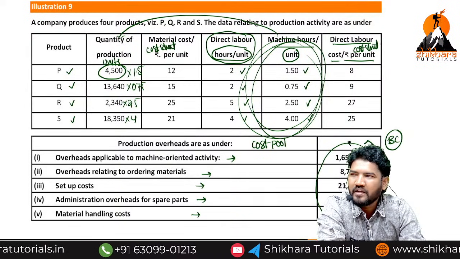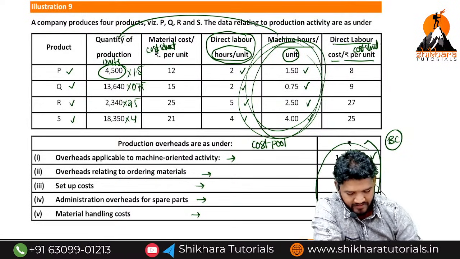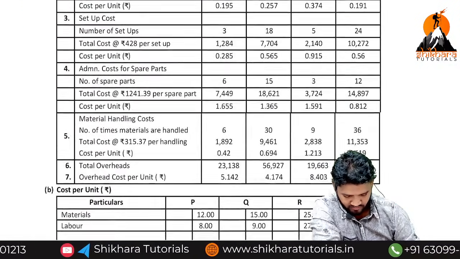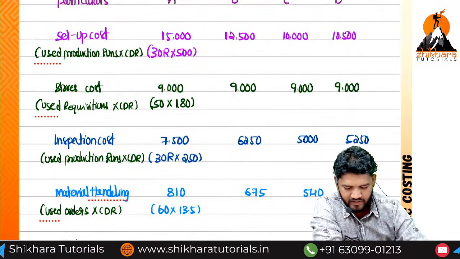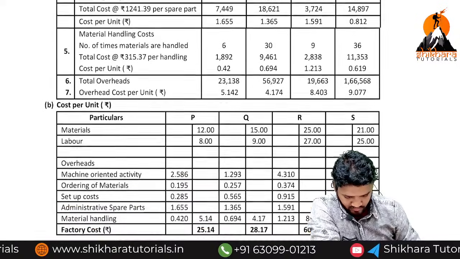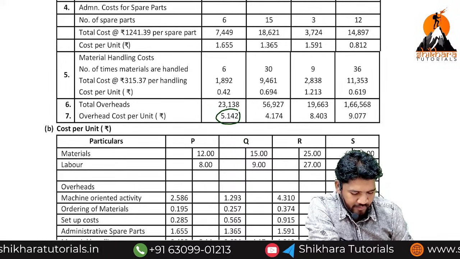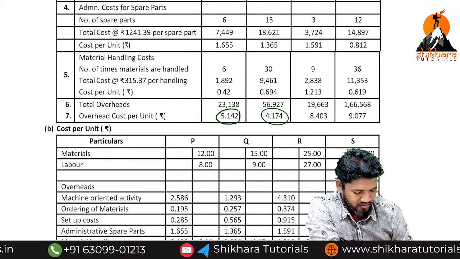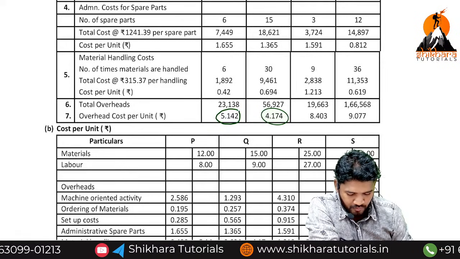Till now, no one has completed. Tell me the answers. Cost per unit. Okay, how much? Wait a moment. Overhead cost per unit finished, how much? 4.174, 174 or 147? What about the total overhead?